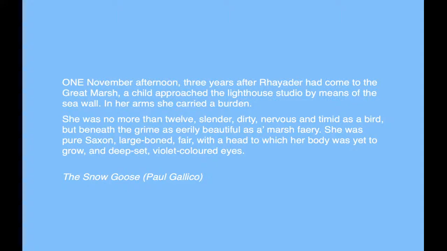Now, we haven't done too much of this, but for me, the vowels in these little sentences are really playing an amazing part. In eerily beautiful, those vowel sounds of E and oo seem to spread out. So too in fairy as well. And equally in the sentence below, we've got large-boned, using those elongated vowels, and deep-set eyes.